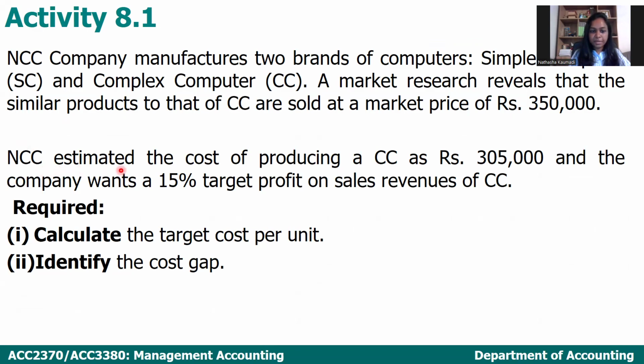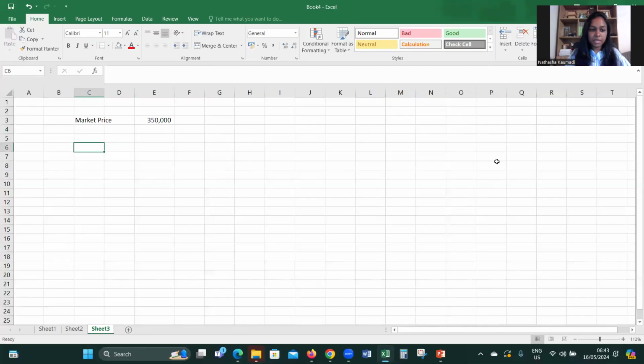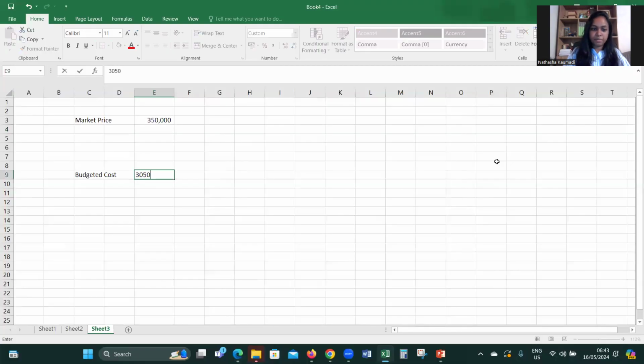NCC estimated the cost of producing a CC as 305 rupees. Now when you are actually producing this CC, what is the estimated cost? That means your budgeted cost is 305 rupees.